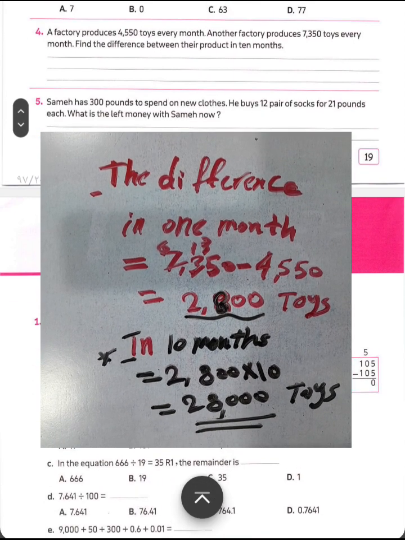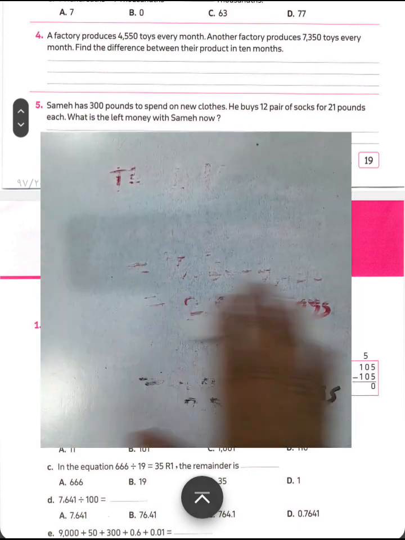Question number 5. Samih has 300 pounds to spend on new clothes. He pays for 12 pairs of socks at 21 pounds each.